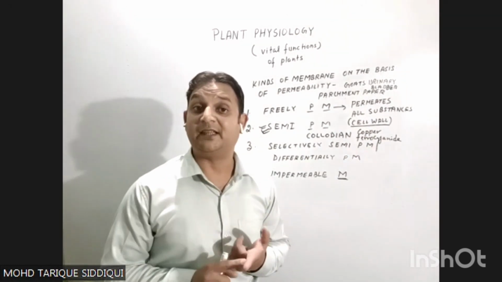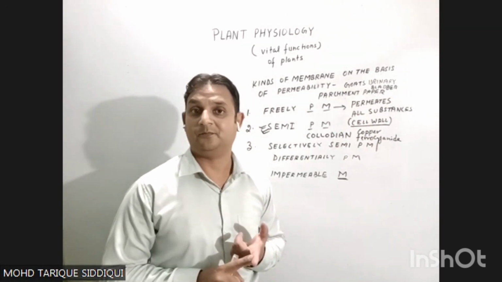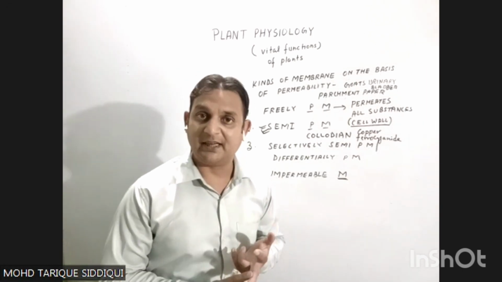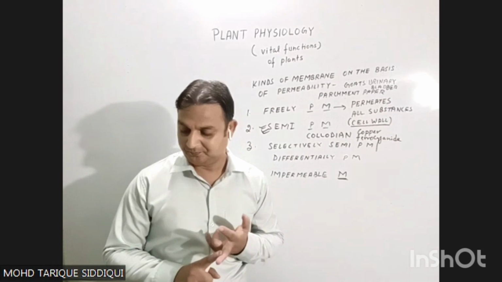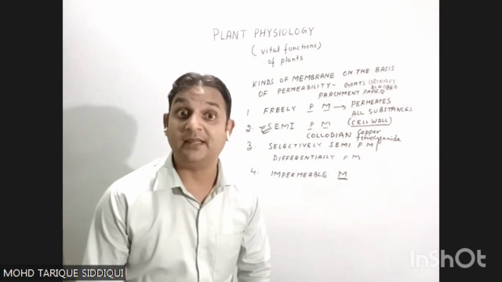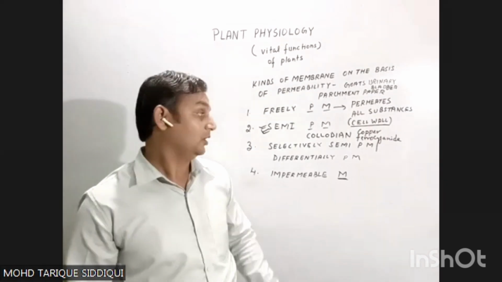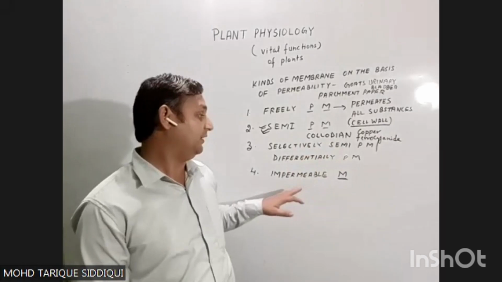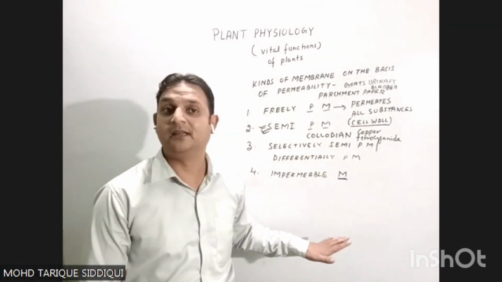Membrane around the vacuole, that is tonoplast. Membrane around the mitochondria. Endoplasmic reticulum. All right. Membrane around the nucleus, nuclear membrane. All these come under selectively semi-permeable membrane. And the last one we have is impermeable membrane.